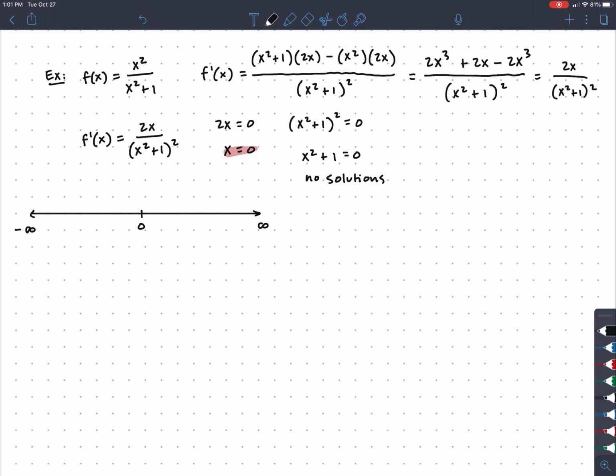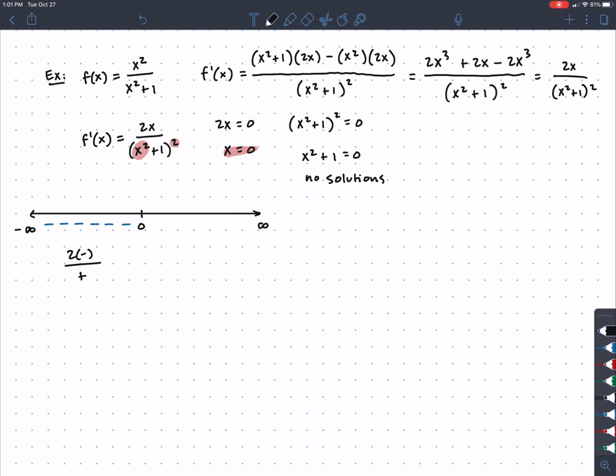If I plug in a negative number, I'll have 2 times a negative, and my denominator is going to be positive, and that's because this squared is going to make anything positive, and it's squared again to make it positive. So this will be a negative over a positive, meaning that this will be my negative interval.